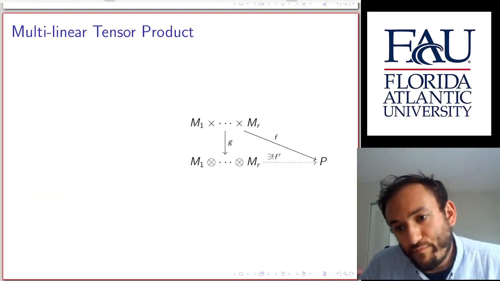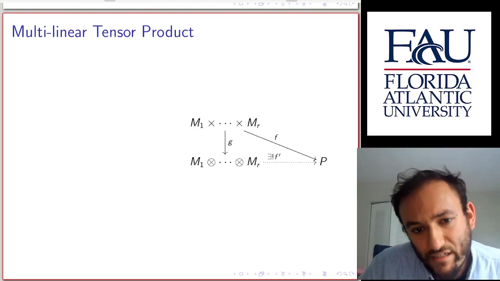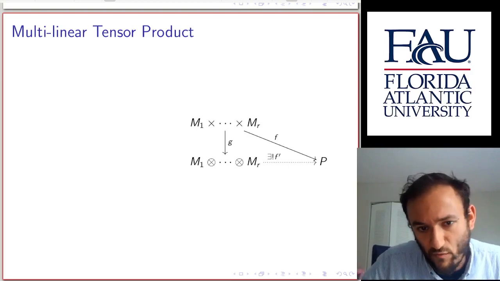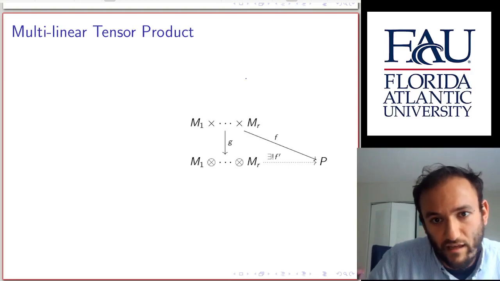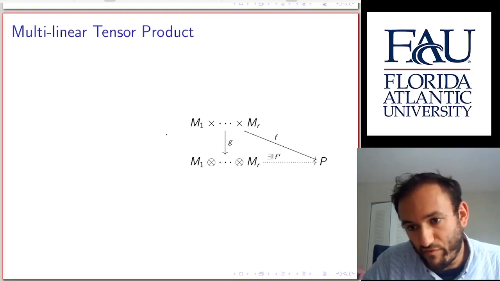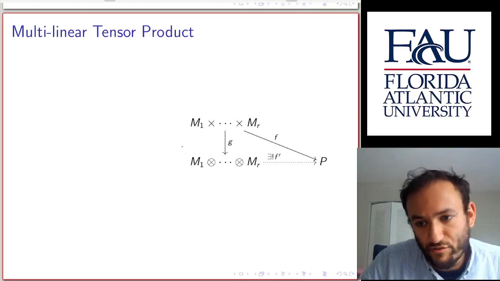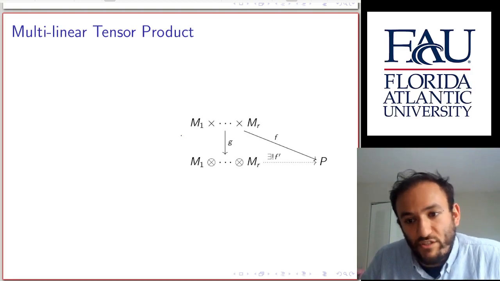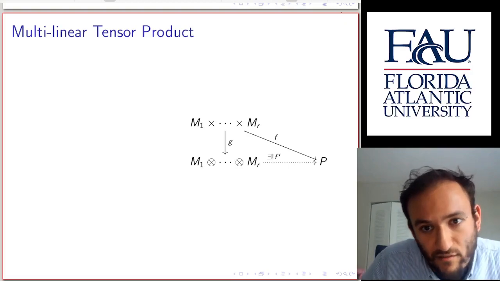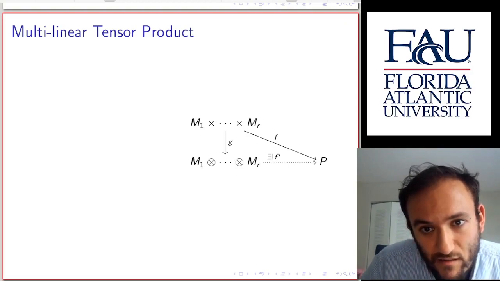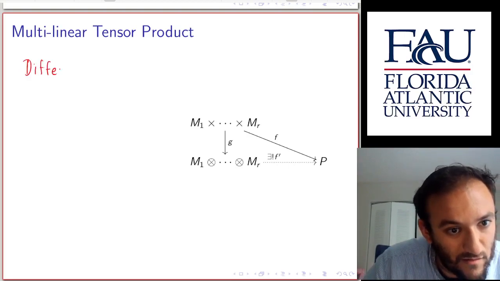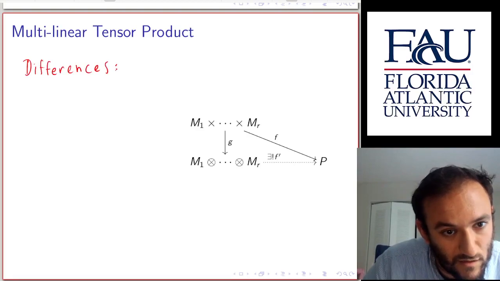Okay, so the fact that we're using two factors here is convenient, but it's not forced in any way. You could do it just the same way with multiple factors. When you're proving the existence of this module, you'll just need to quotient out by more relations. So let's describe the differences. First of all, it needs to be A-linear in each factor.